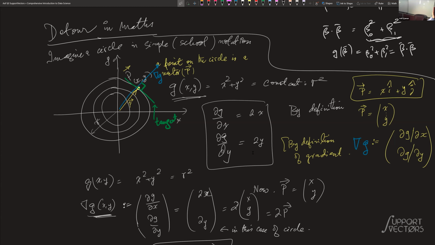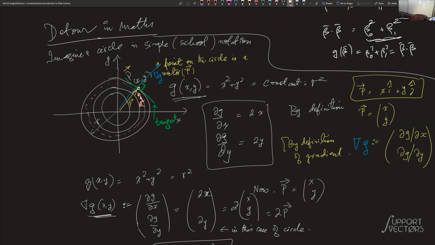Now, if I want to go in the direction of maximum increase of the value of G, suppose I take a point, let us take this point Q. At Q, if I go in this direction, parallel to this contour surface, let me draw one more contour surface here.